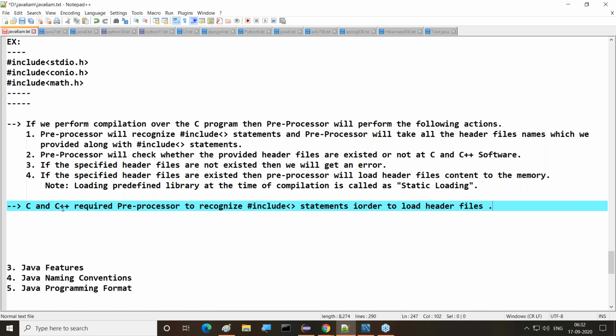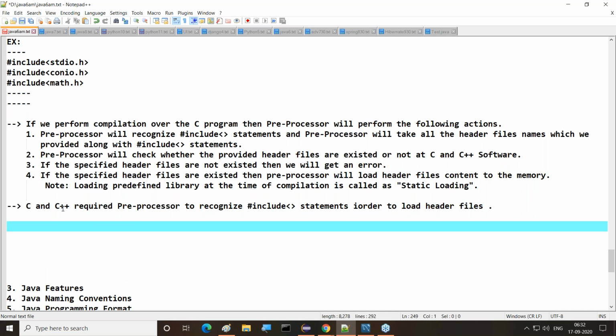So to recognize hash include statements and to load the provided header files content to the memory, we need the preprocessor in the case of C and C++.